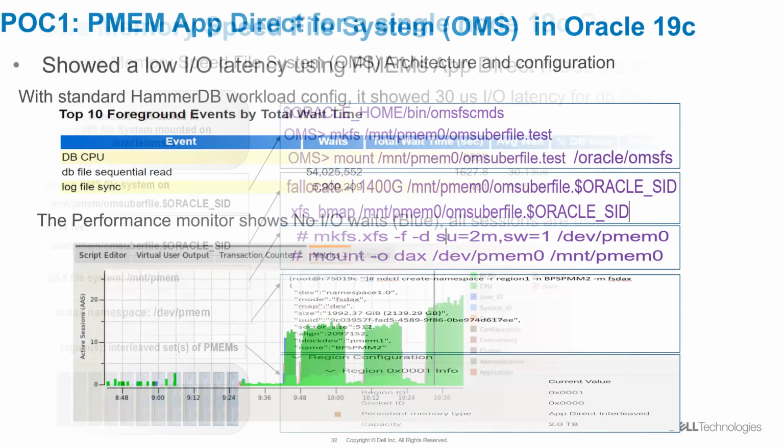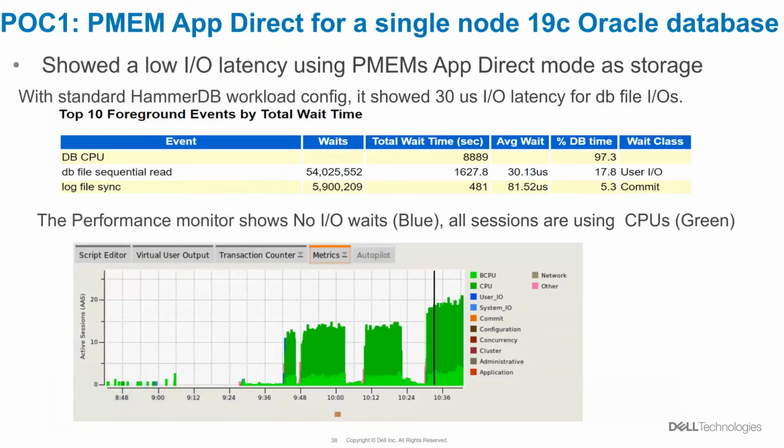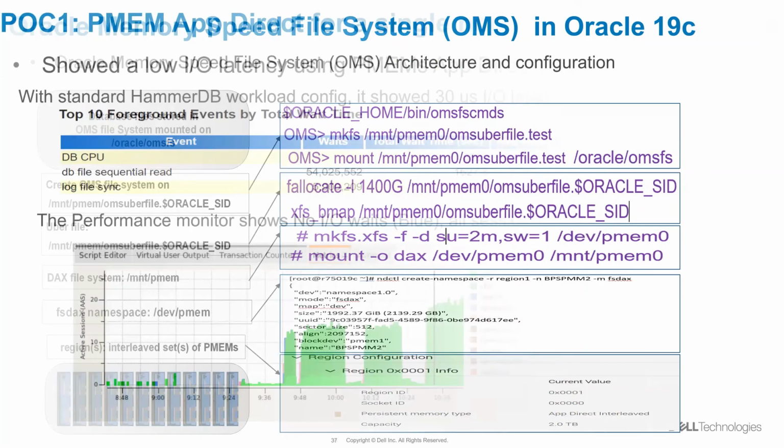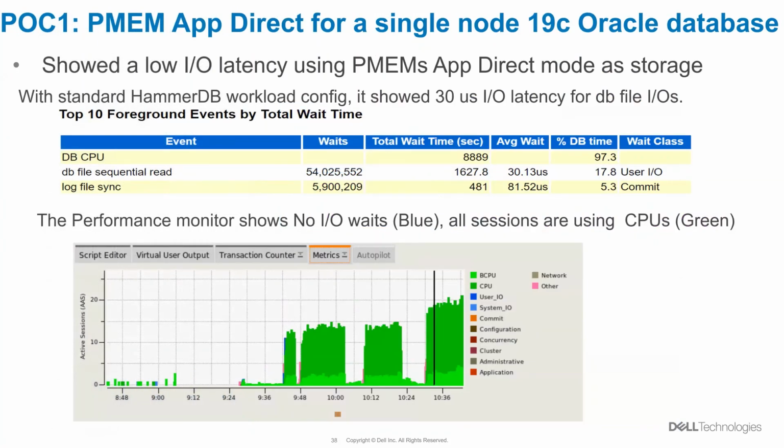So I just want to quickly show our performance study. So we did exactly 2 POCs. One is for 21C, one is for 19C, and at that time we used 6 PMem each. In total we used 12 PMem, 6 PMem for 19C and 6 PMem for 21C.